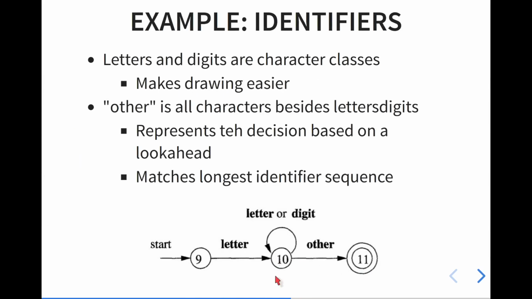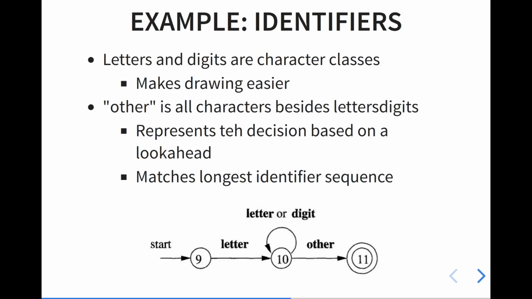For instance, if 10 were the accepting state, then it would accept any length identifier. So at least in the definition of finite state automata, there is an accepting state. Just like with a regular expression, there is a way to know whether you've seen a complete pattern. That's all it really means. But they can be infinite. You can input an infinite sequence of characters. This cycle already makes it possible.